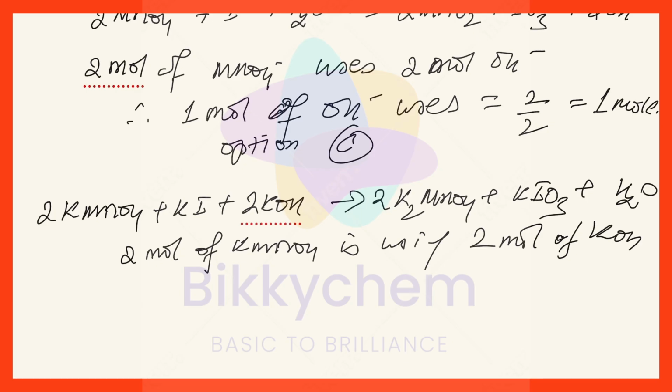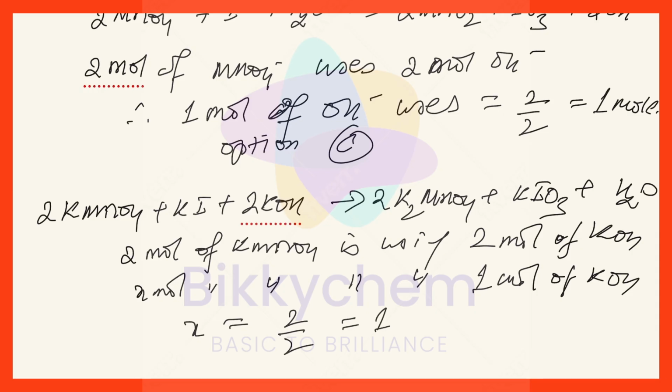So for 1 mole of KOH it will be X mole, so X will be 2 by 2, which is 1 mole. That is option C. So in both the cases we'll get option C as the right answer.